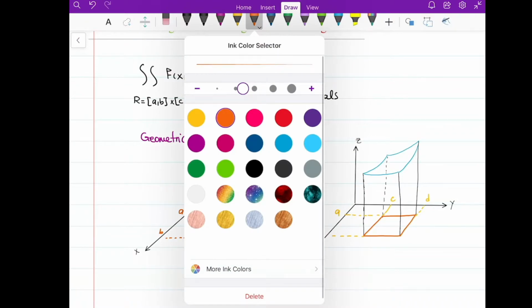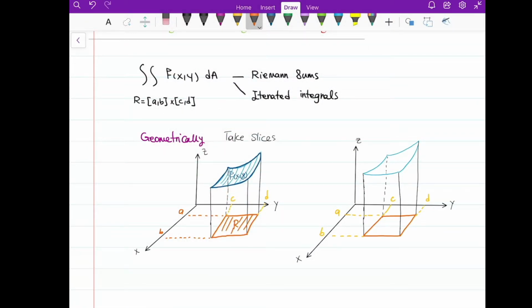How? I'm gonna do it like this. I'm gonna slice this solid that I have in here by a plane that is perpendicular to the x-axis. Just assume that this is the plane. So I cut this solid.